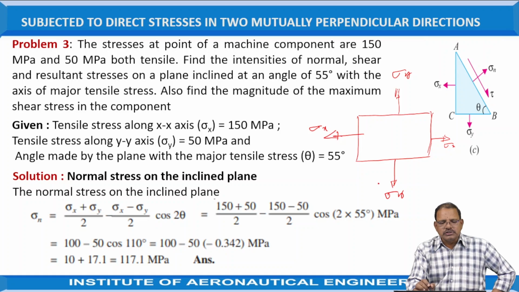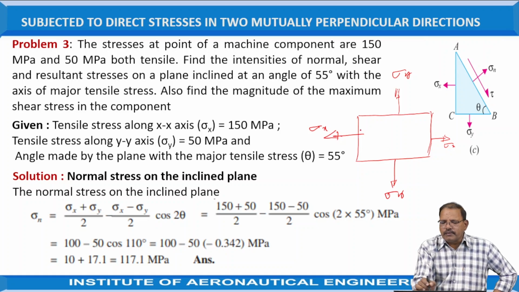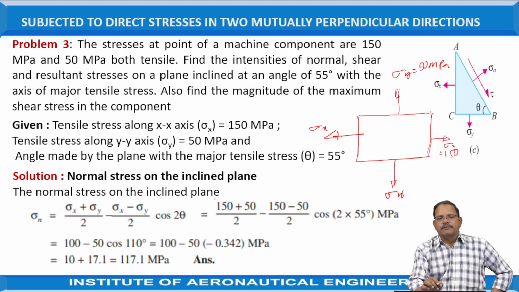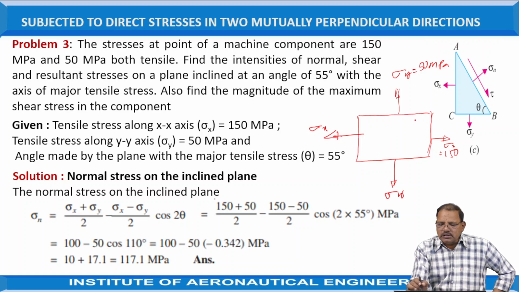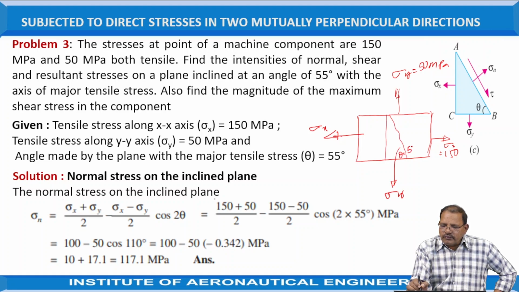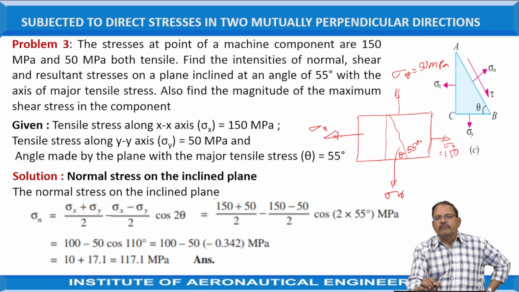According to our problem, the stress along the x direction is 150 megapascal, and along the y direction it is 50 megapascal. The plane is inclined at 55 degrees, as given. This is the given data.